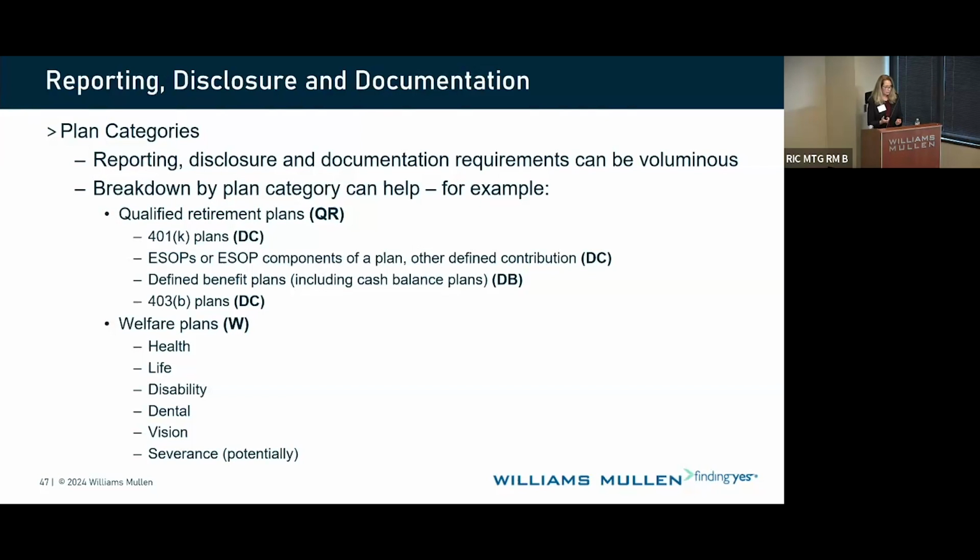As I mentioned before, money purchase pension plans can have defined benefit plan-like requirements in some cases. 403(b) plans are defined contribution plans. So there's a wide variety of requirements that may not apply to all retirement plans.